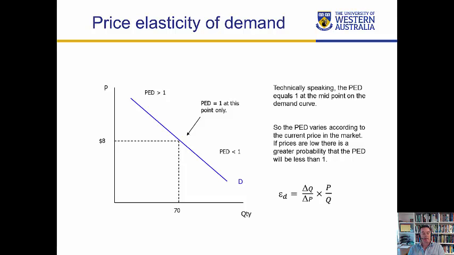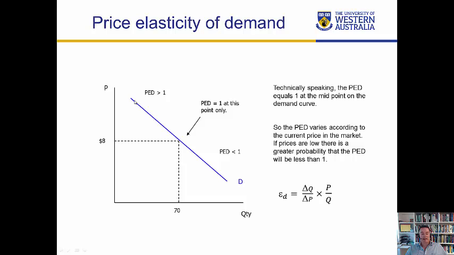So high up on the demand curve, if we move along the demand curve, we're dealing with very large percentage changes in quantity demanded and very small percentage changes in price. So because the percentage change in quantity demanded is large and the percentage change in price is small, we are going to have very high or large elasticity values high up on the demand curve.